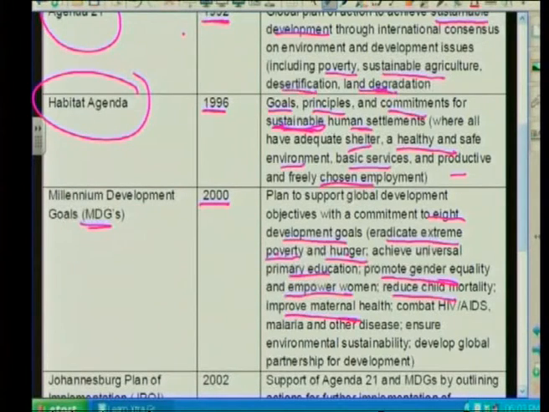Improve maternal health. Combat HIV/AIDS, reductions in malaria and other diseases, and ensure environmental sustainability. Develop global partnerships for development. Amongst other aspects of the 8 Millennium Goals, these are practiced globally.